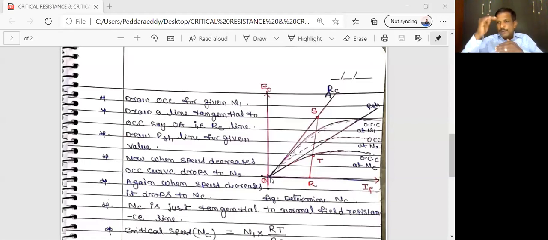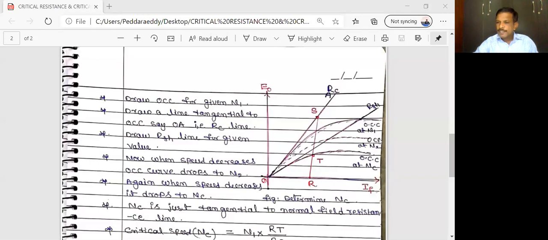Now if you decrease the speed step by step, we get a number of OCC curves. If the rated value is 1500 rpm and you decrease the speed to 1400 rpm, we get one more OCC curve. So this is the OCC curve for 1400 rpm, for example.